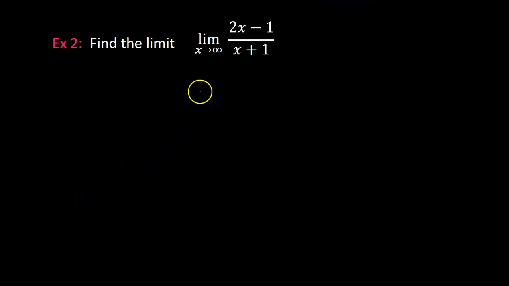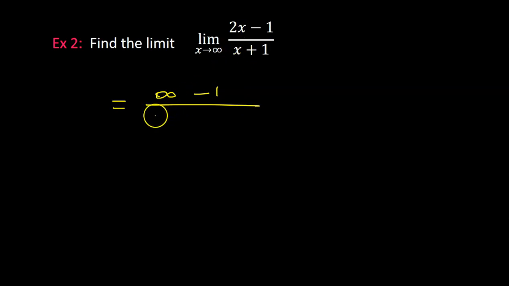Let's practice our new skills. Find the limit as x approaches infinity of 2x minus 1 over x plus 1. So first of all, notice what happens if we try to immediately take the limit of the numerator and the denominator. The 2x part approaches infinity, and the minus 1 just stays minus 1.